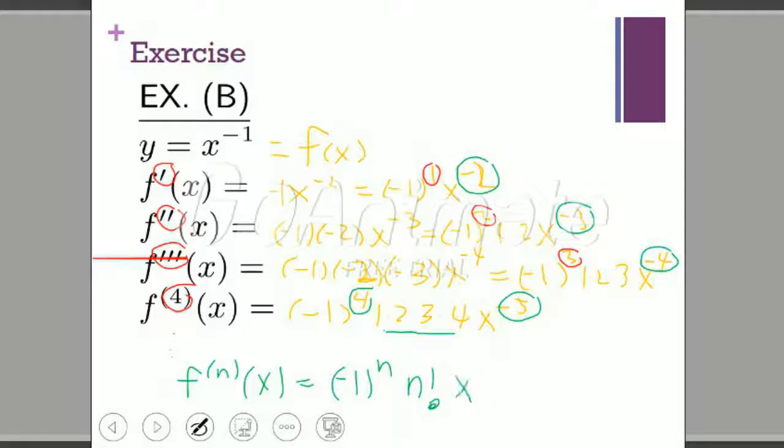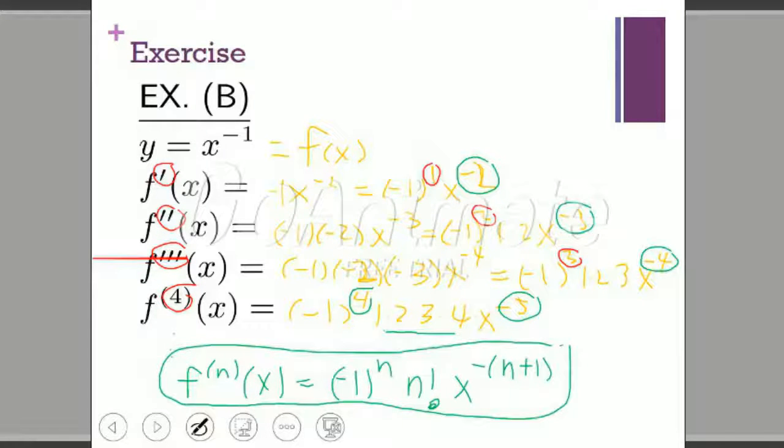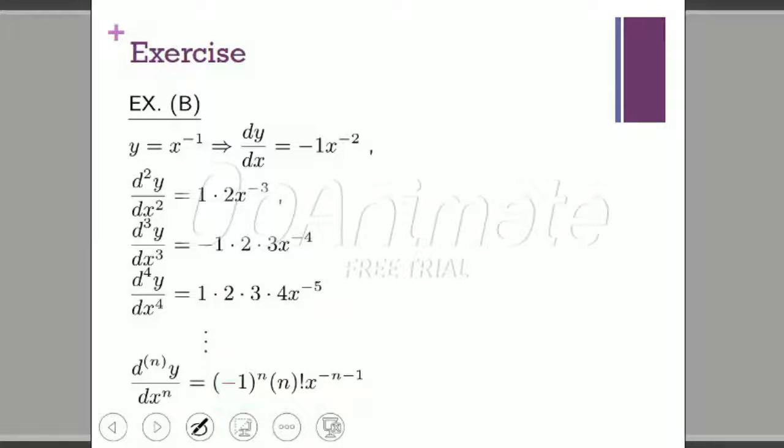And this is x to the power minus (n plus 1). You add 1 to the order of the derivative. So that's the general formula for the nth derivative of f of x. Again, my writing might be too messy, but this is a nicer representation.